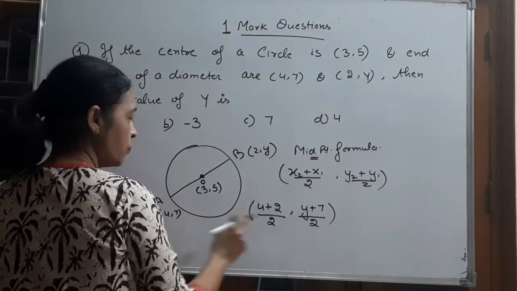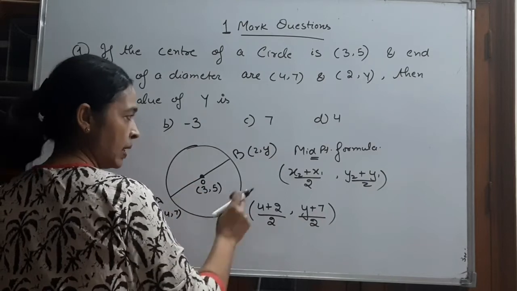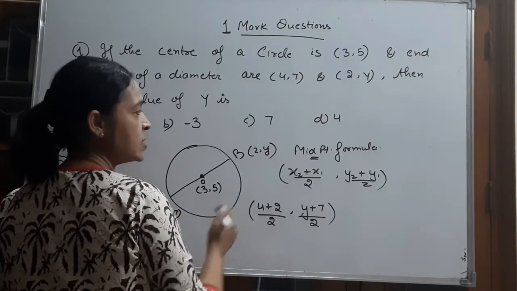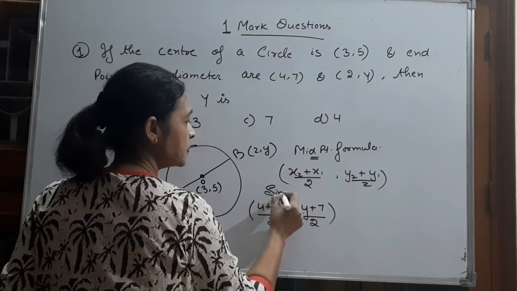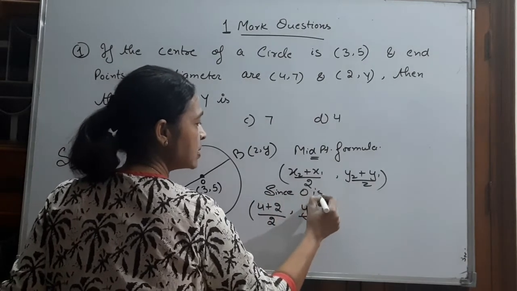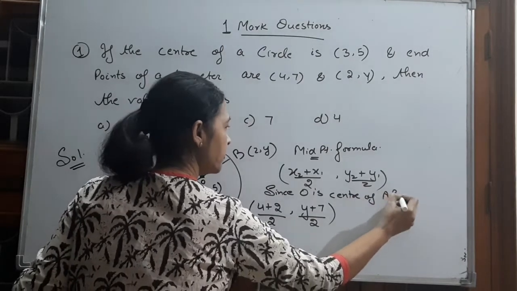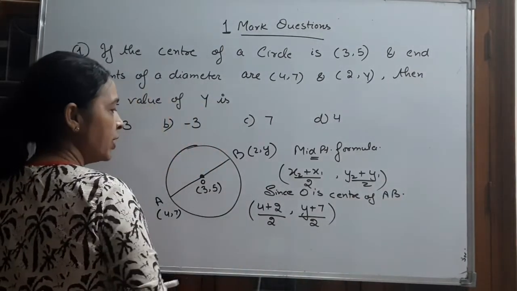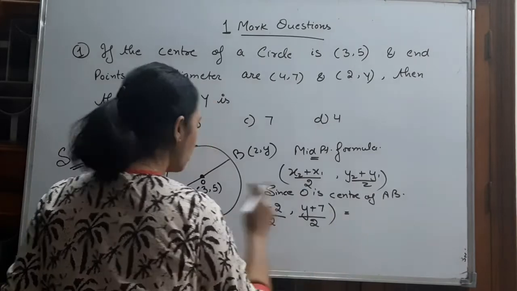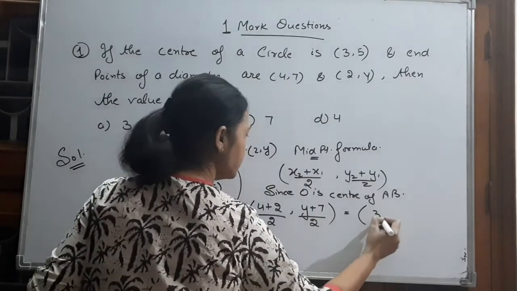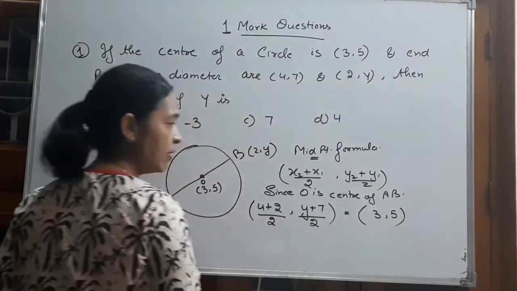These are the coordinates of O as per the midpoint formula. Since O is the center of AB, these are the coordinates of O, and the coordinates of O are given, which are (3, 5).